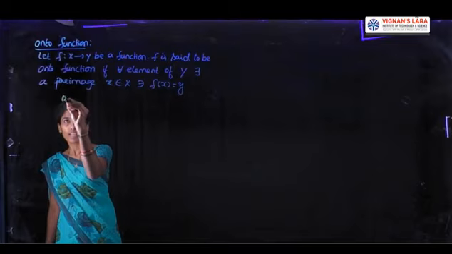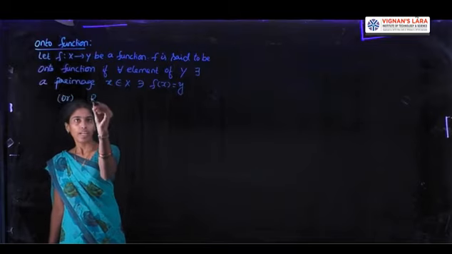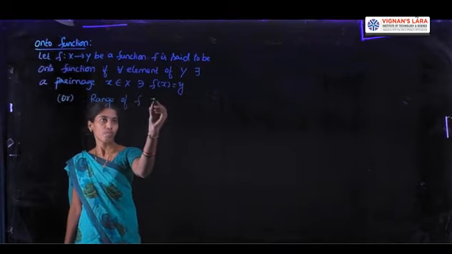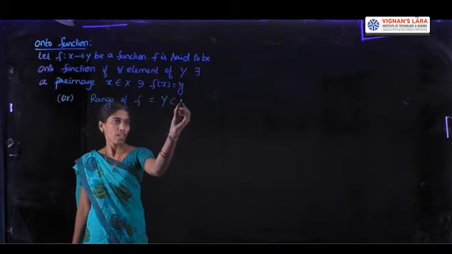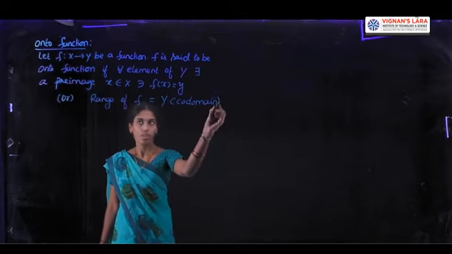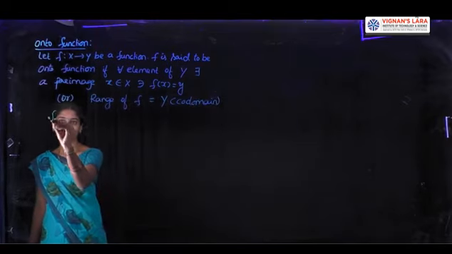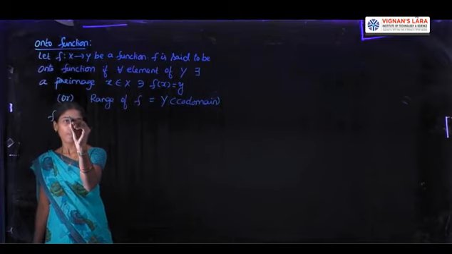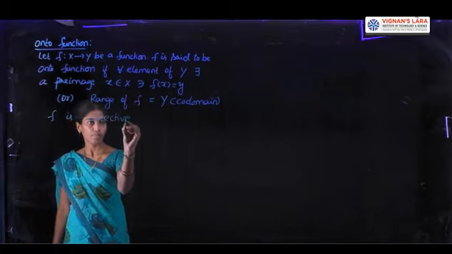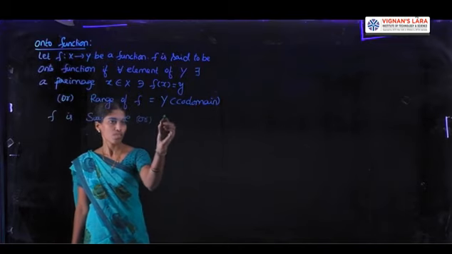Otherwise, we can say that the range of f is equal to the codomain set Y. Then we say that f is onto or f is a surjective mapping or surjection.